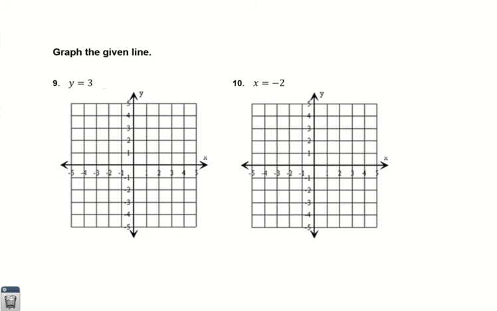Graph the given line. Well, you need to know what makes these special. If a linear equation only has a y variable, if a linear equation only has an x variable.